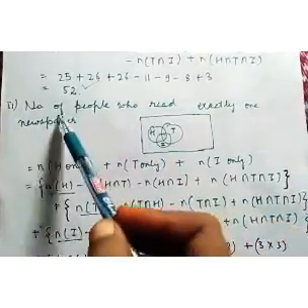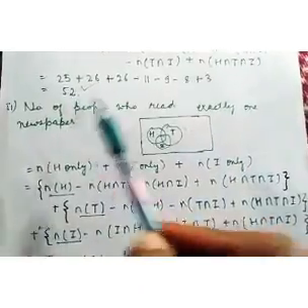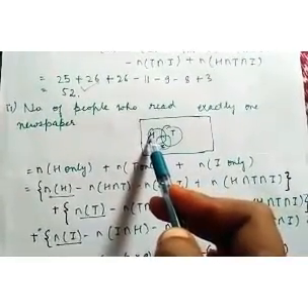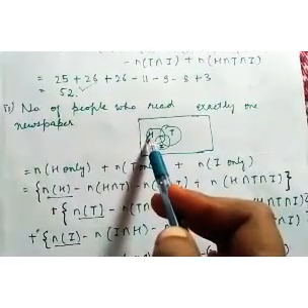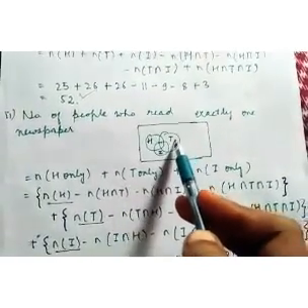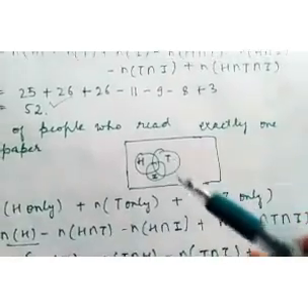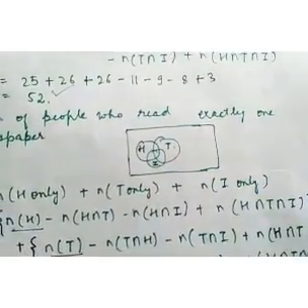Now the second part is the number of people who read exactly one newspaper. This is the universal set, where this circle denotes the people who read H newspaper, this denotes the people who read T newspaper, and this denotes the people who read I newspaper.